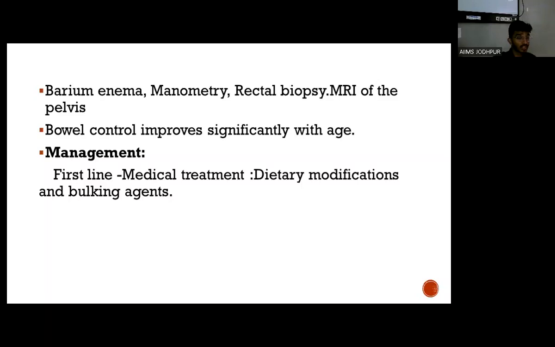Now, first line management in general: if we suspect loose stools or hyperperistalsis as the cause, we should start with dietary modification and bulking agents. And if constipation is a cause, laxatives should be added.